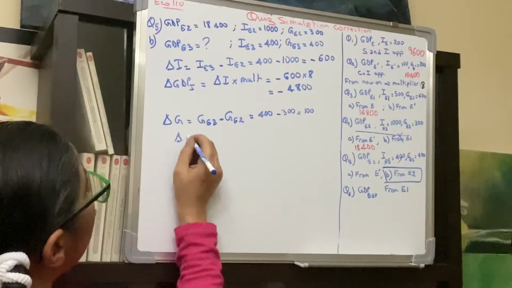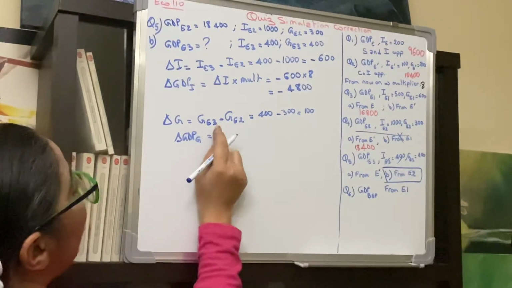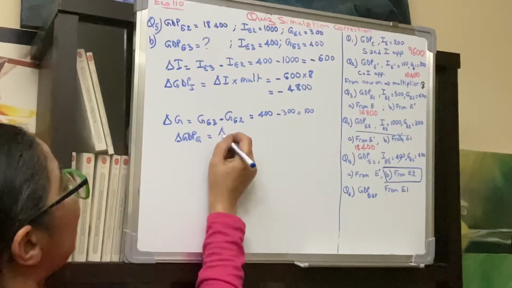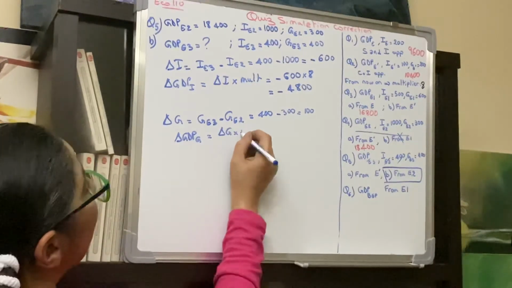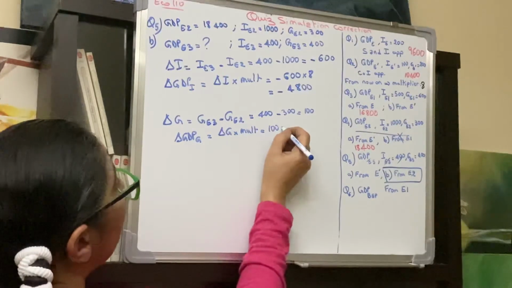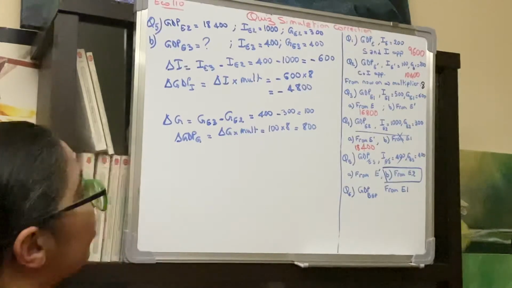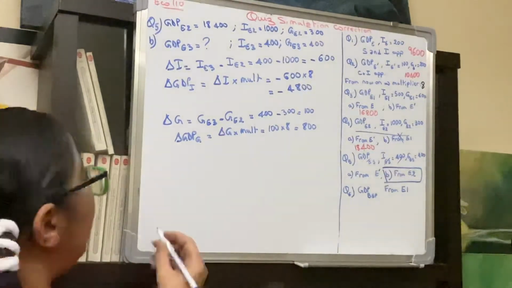So delta GDP due to G is equal to delta G times the multiplier, which is equal to 100 times 8, which is equal to 800. Now I'm going to look for my new GDP.